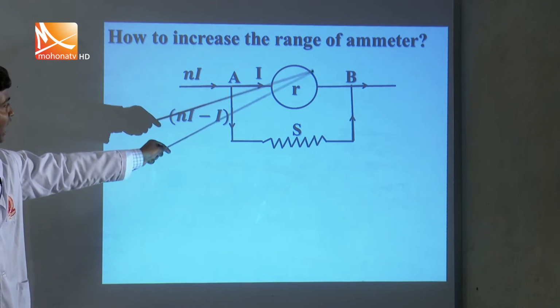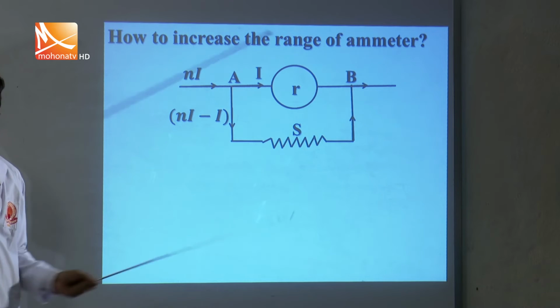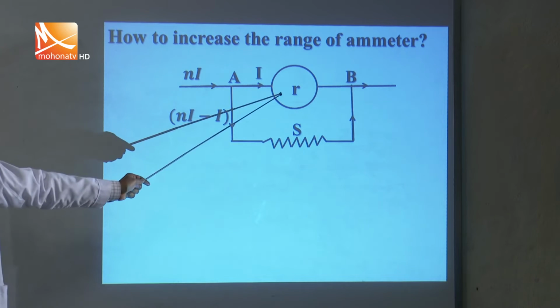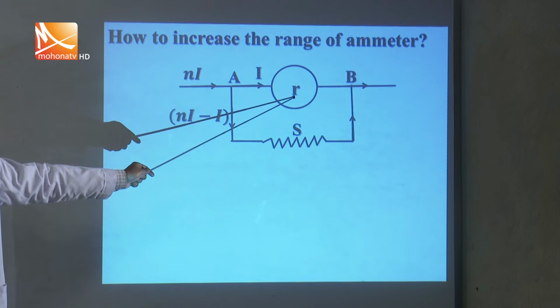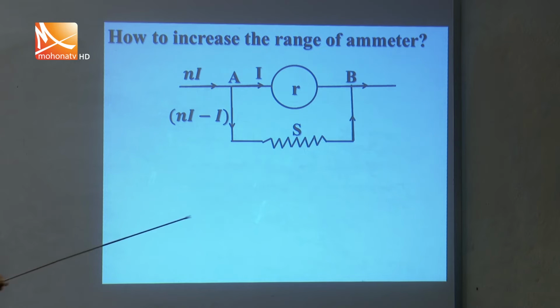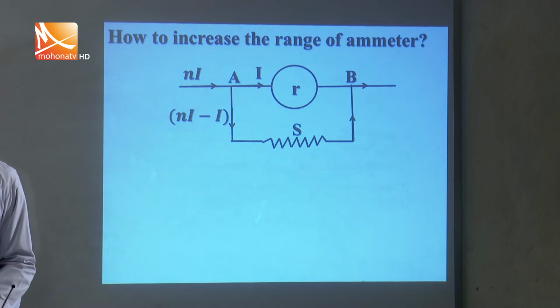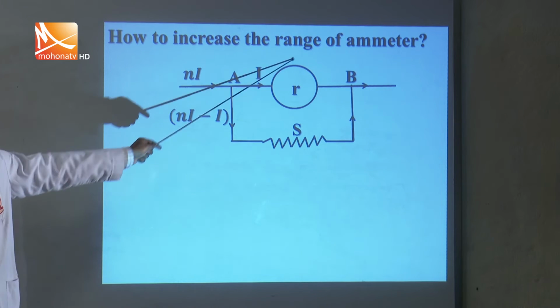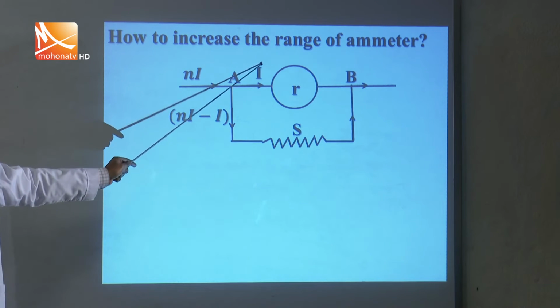In this case, the galvanometer is simply an ammeter whose internal resistance is R. This internal resistance comes from the galvanometer resistance and the shunt resistance that I told about in my previous slide. And this is the ammeter that can measure I amount of current.